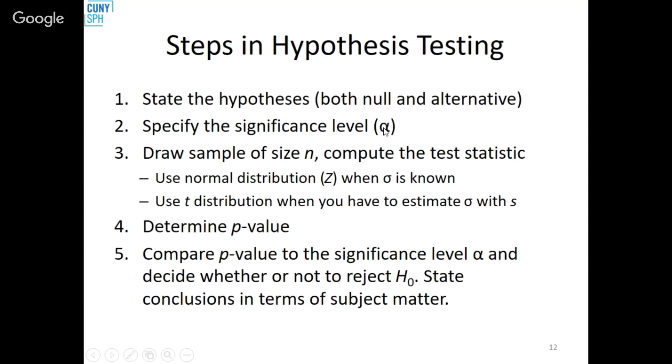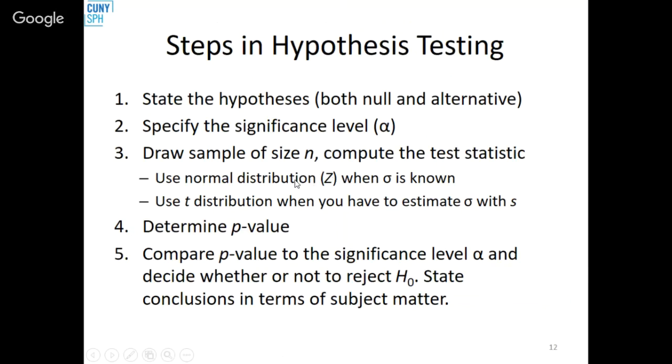That is your acceptable type 1 error rate. So those are in your planning stages. Then, this doesn't always happen in the same order, whether your sample is drawn before or after. But after doing these two, you're going to calculate the test statistic.